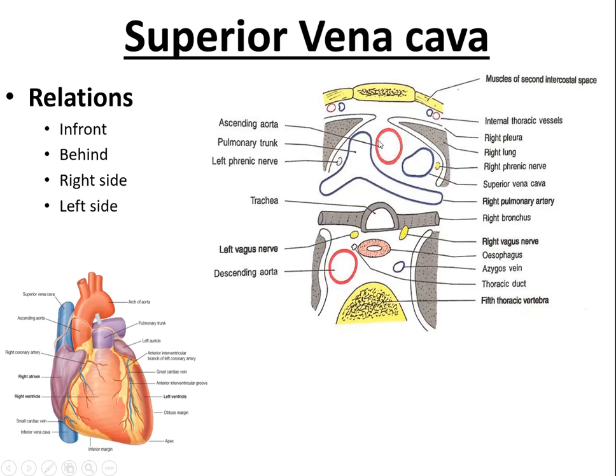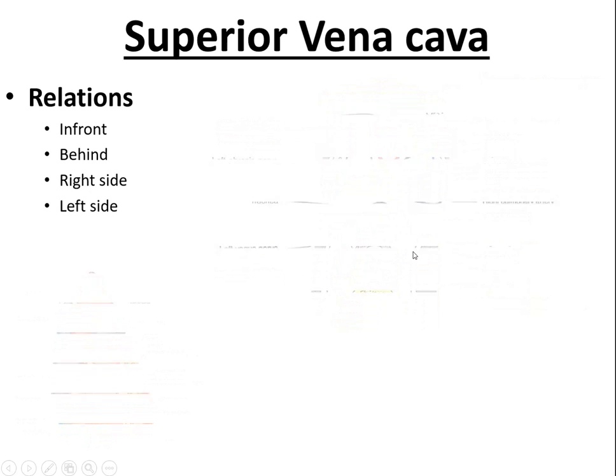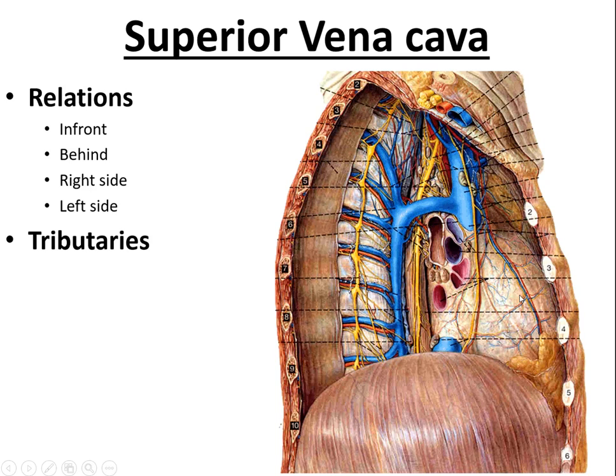On the left side, it is related to the ascending aorta in the lower part and the brachiocephalic trunk in the upper part. What are the tributaries? The forming tributaries we already know: the right and left brachiocephalic veins, which unite to form the superior vena cava.